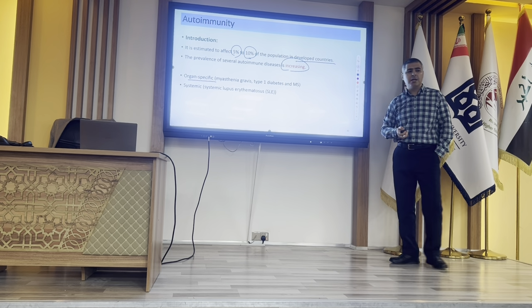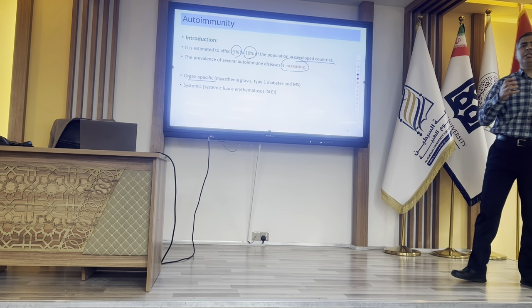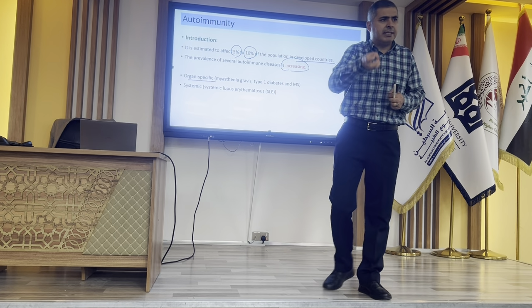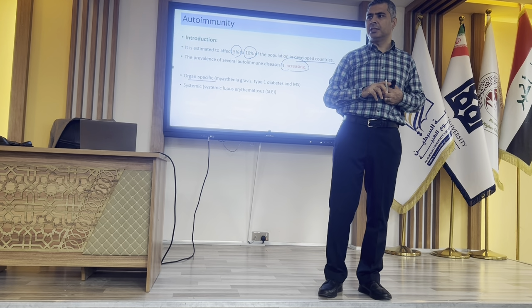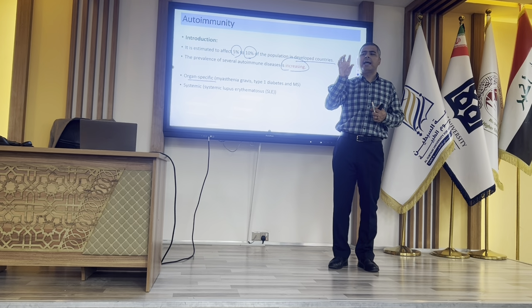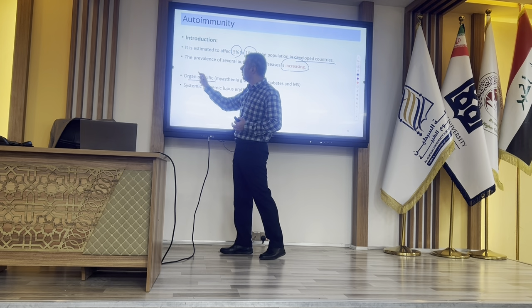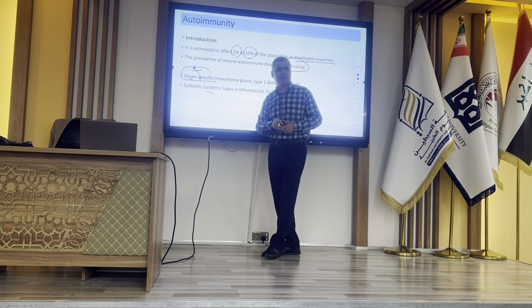Okay? So, in all autoimmune diseases, we have some T cells or B cells that are recognizing self-antigens or inducing an immune response against self-antigens. If the target antigen of autoimmunity is expressed only in one organ, it is called organ-specific autoimmune disease.